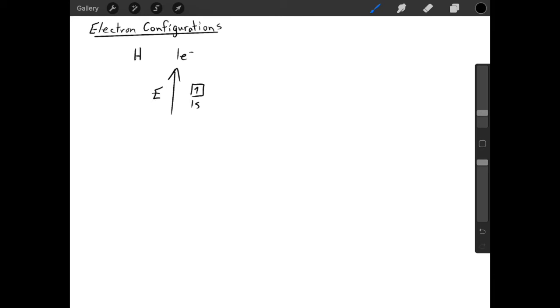So this would be hydrogen's box diagram electron configuration. Its orbital designation representation would be 1s1, where you have the 1s representation, which is the principal quantum number and then the subshell, and the little number at the top right hand side represents the number of electrons in that orbital. Hydrogen only has one electron, so 1s1.